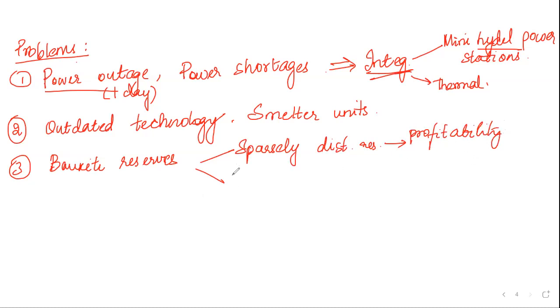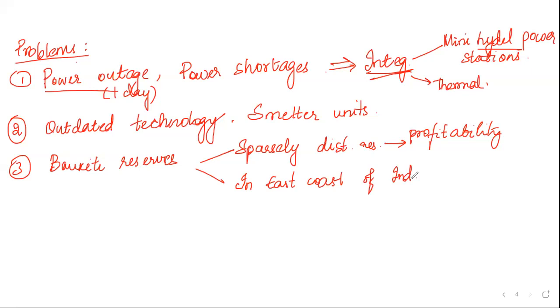Second thing is, in the east coast of India, around the Odisha, Andhra Pradesh regions, viable quantities of bauxite are actually found. But because of the lack of logistics, we are not tapping the potential to its fullest.